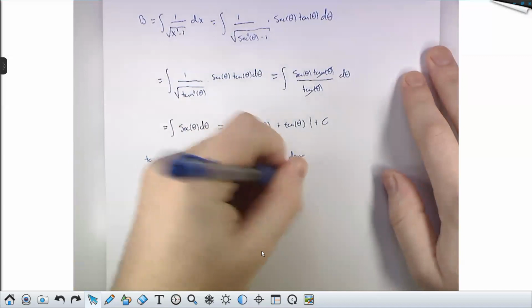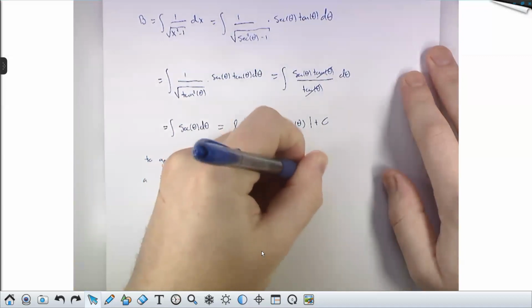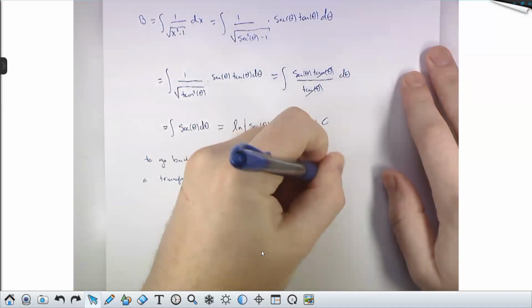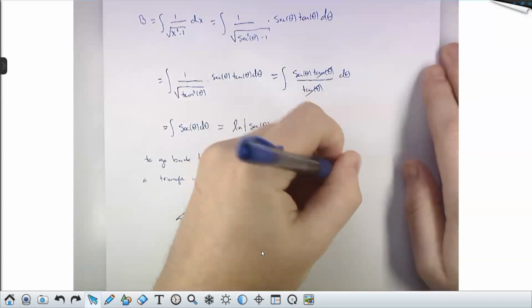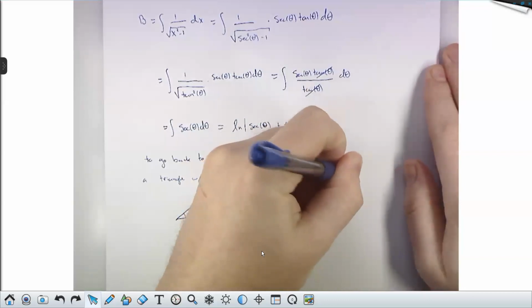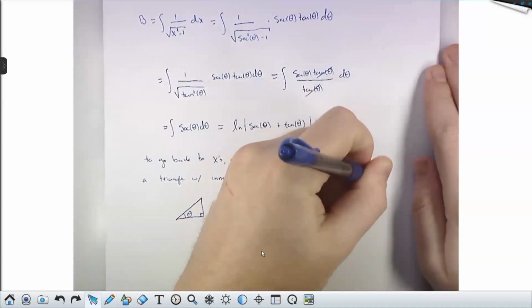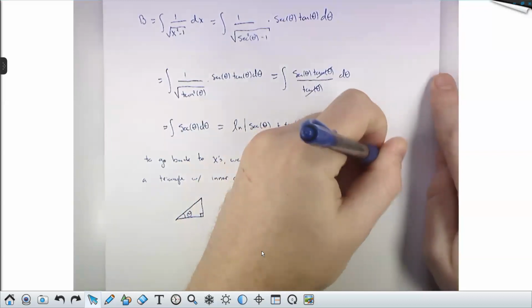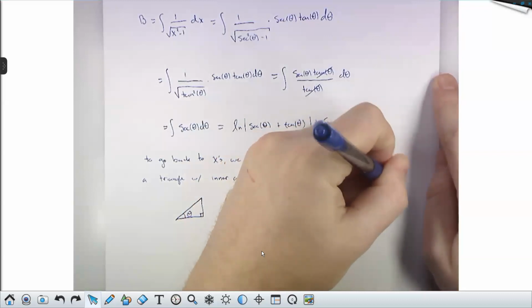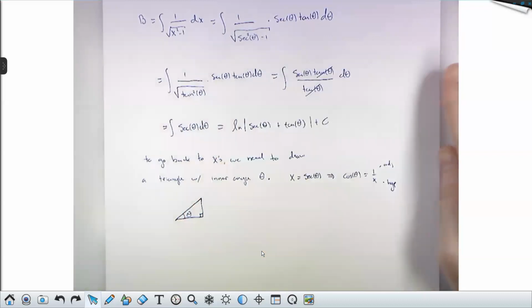If x is secant theta, then I can think of cos theta as 1 over x, and that's always going to be my adjacent over my hypotenuse.